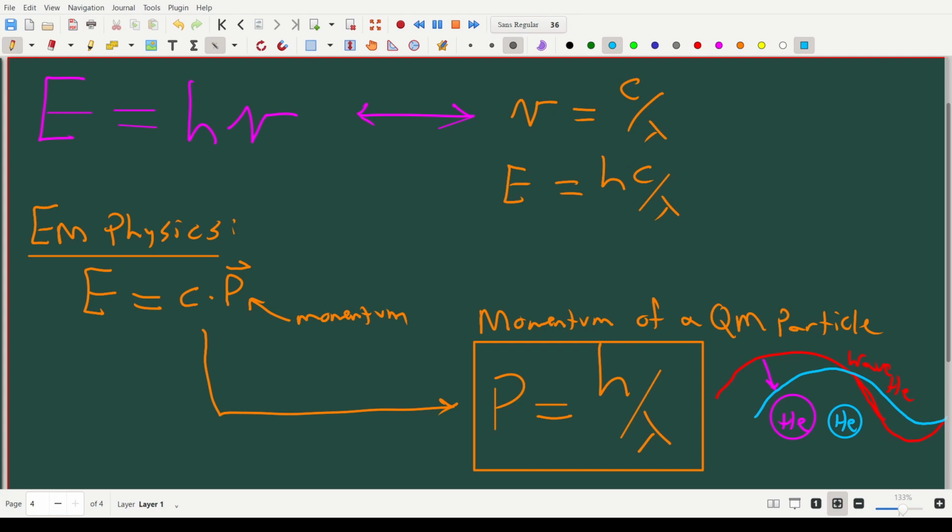But if I'm in a regime where the size of my particle is on the same scale as its wavelength, or smaller, then that's where quantum mechanics really starts to kick in, because you can't really tell whether it's a particle or a wave. Or if the length scales are about the same, it's both. It has some wave properties and some particle properties. So this relationship gives you a sense of where quantum mechanics becomes important and where it isn't. It isn't where the wavelength is tiny compared to the length scale of your system, and it's important where they're competitive, or the wave is even more important, or even larger.